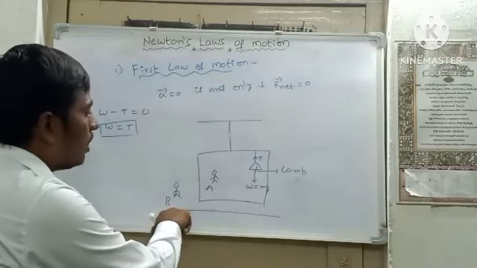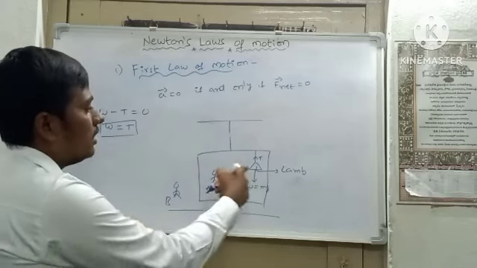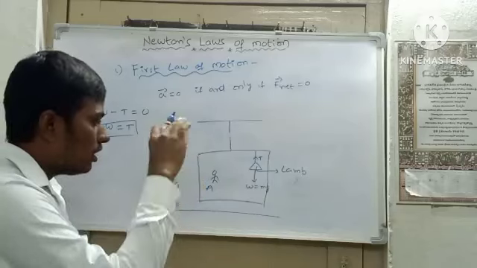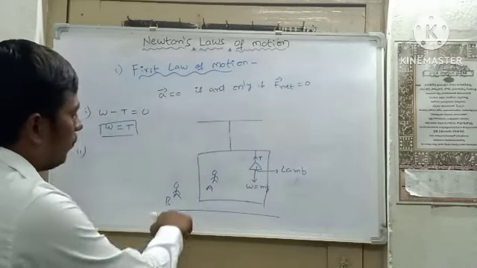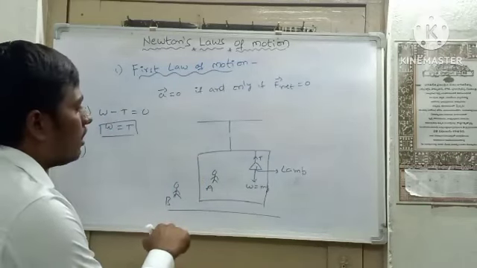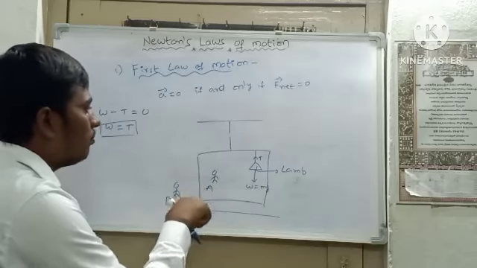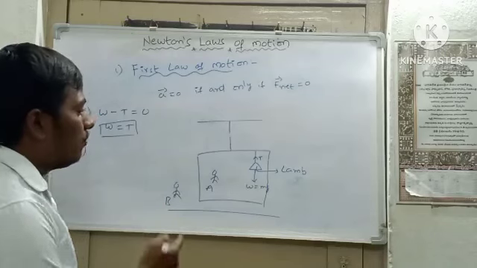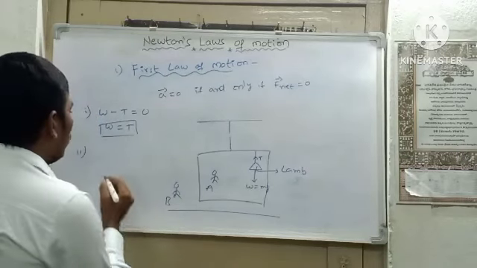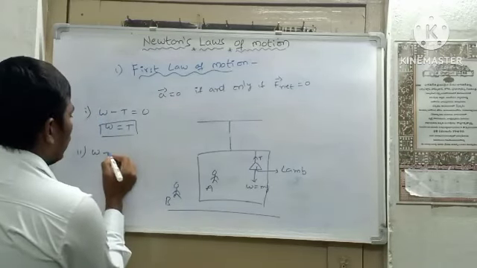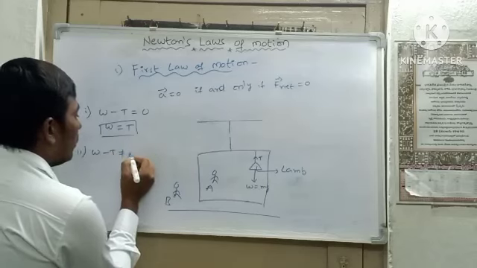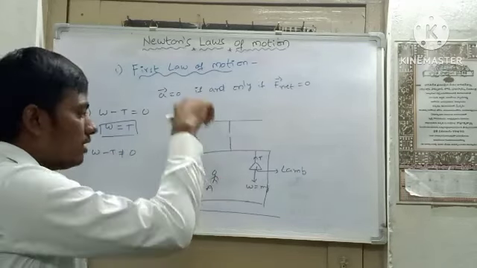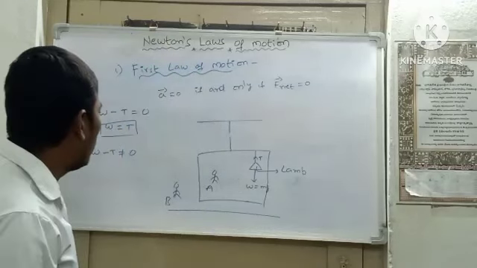So with respect to person B, he is seeing the lamp also falling down on the earth. If we apply the first law, what will happen? Weight minus tension is not equal to 0, because the cabin is falling down on the earth.